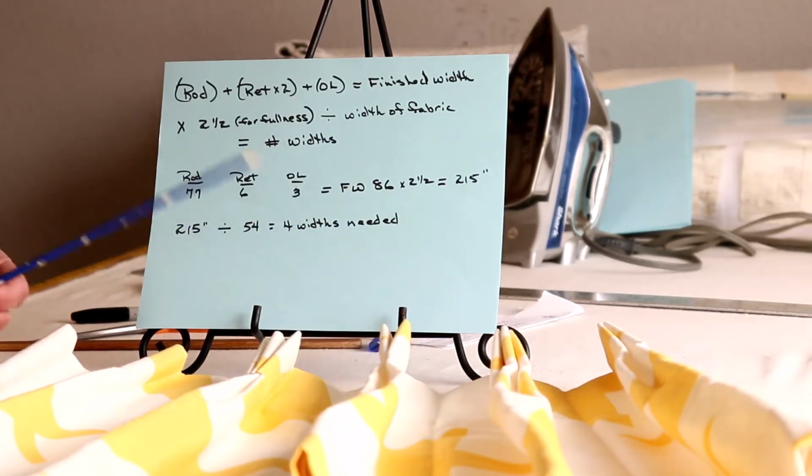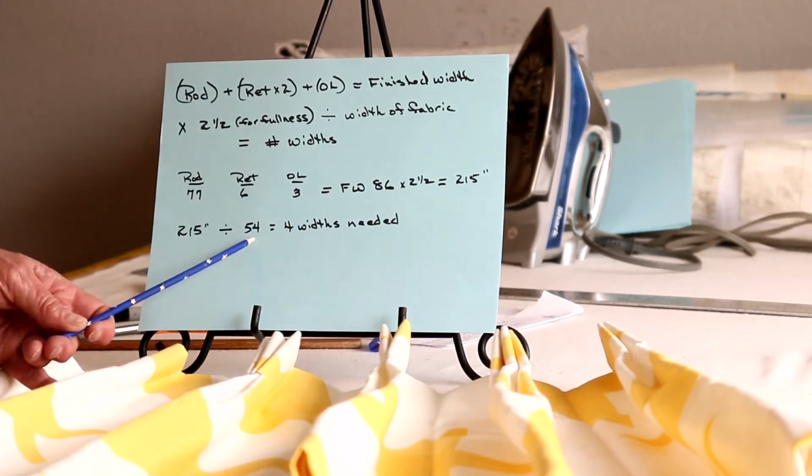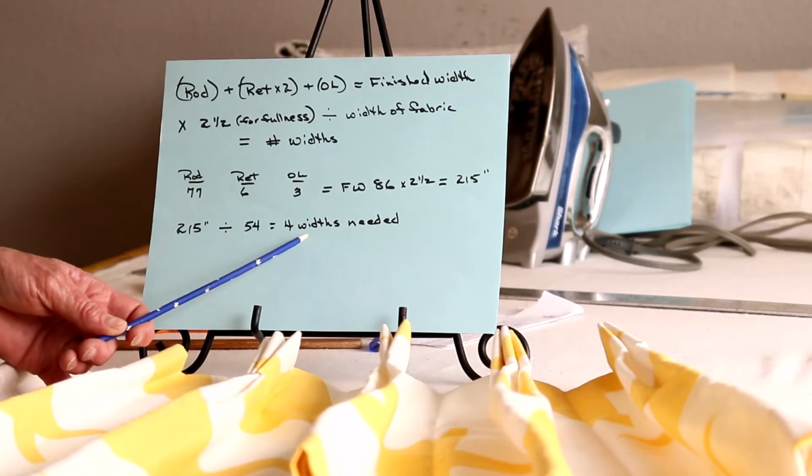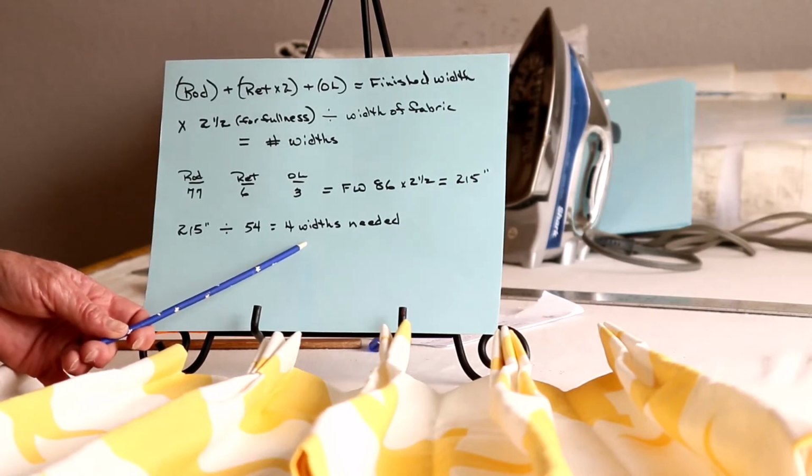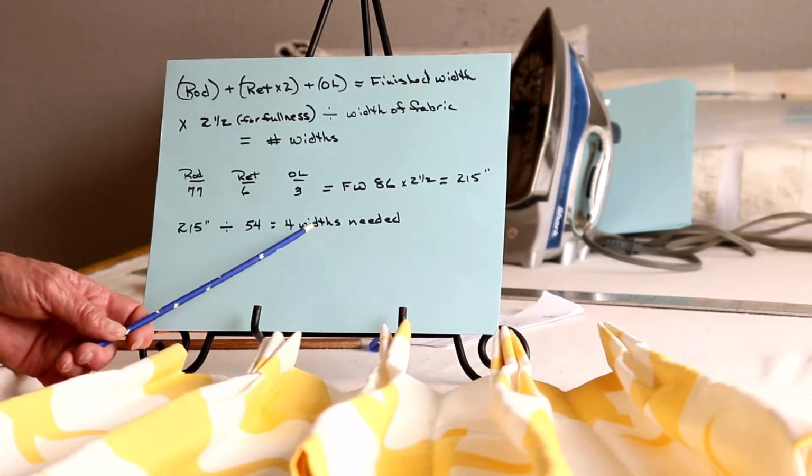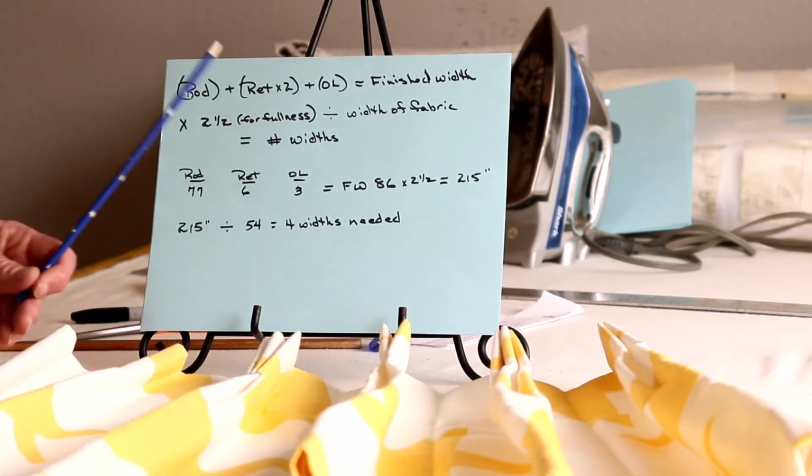The most common ones are 48 and 54. Now what we're working with for that drape was 54. So you take the 215 inches, divide that by 54. That tells you you need 4 widths, because it's just like 3.9 something. Anyway, you need 4 widths to make that drape.